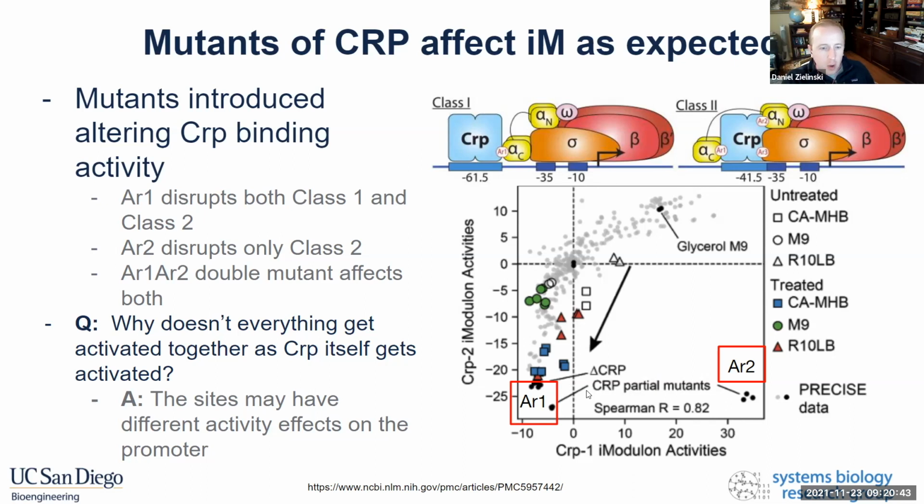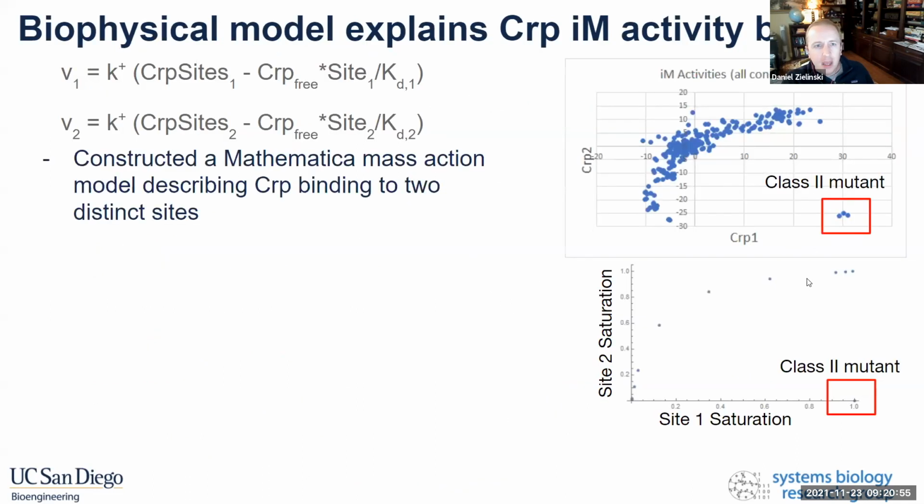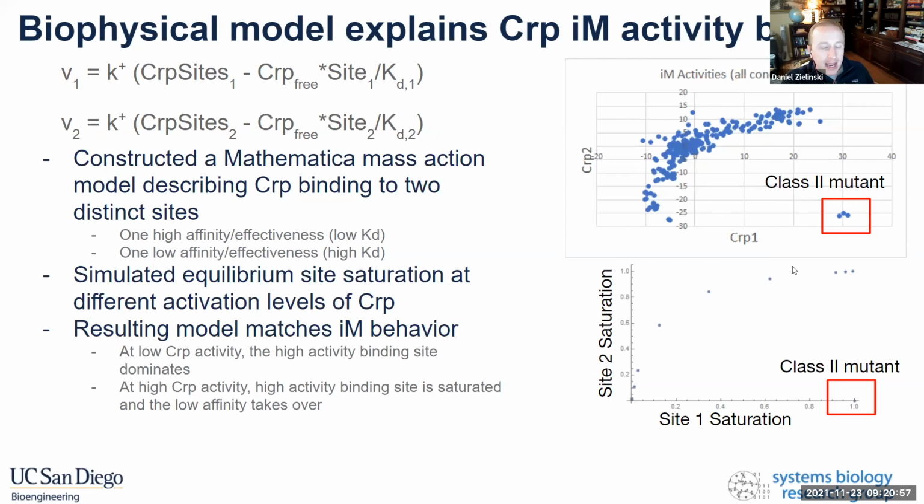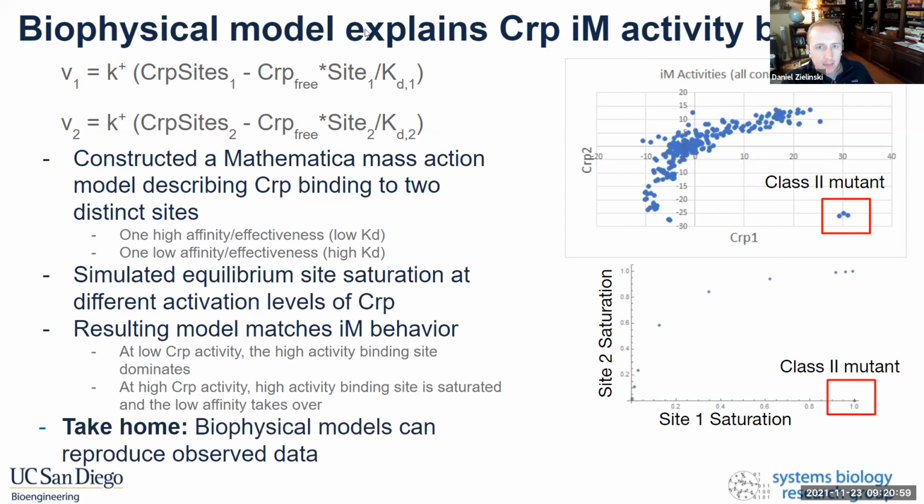The question is why? The hypothesis was that these two binding modes have different binding affinities, so one might bind at low activity and one at high activity. So we built a mechanistic model of this regulator, saying that one is a tight binding site and one is a loose binding site.